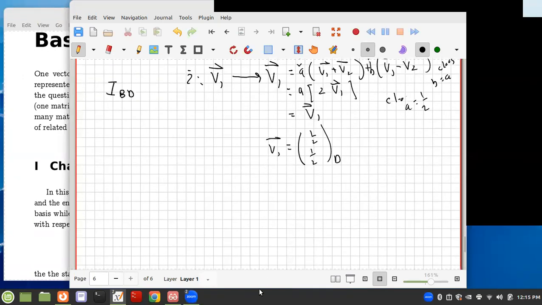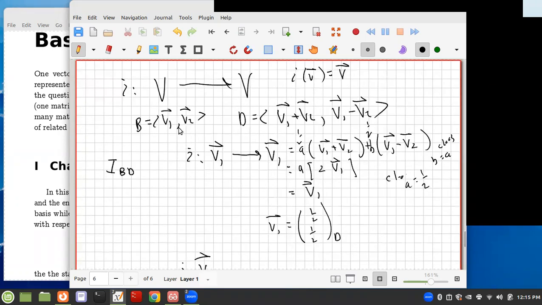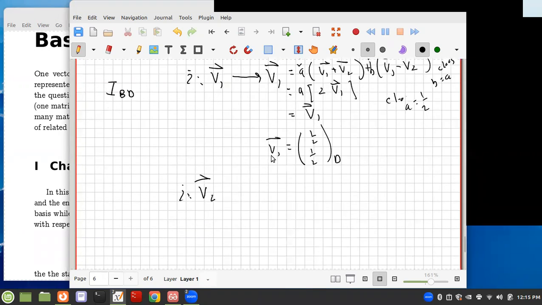Now let's do the image of V2. What's new here is I'm not telling you what V1 and V2 are. I'm just changing the basis, because this other basis here, I'm telling you it's a basis, we'd have to go through and check that. But okay, what's the image of V2? Well, it's the identity map, so it's V2.